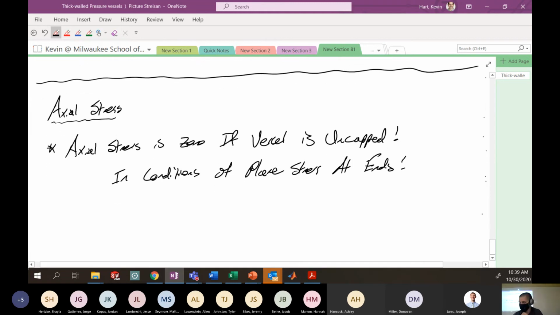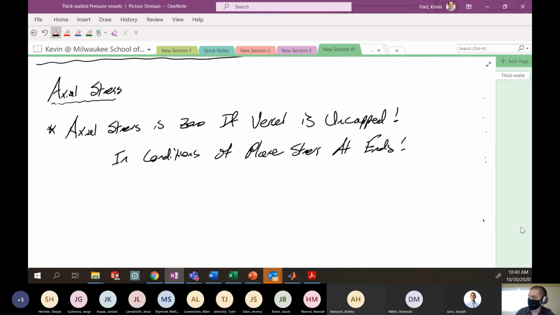And so this axial stress equation that I'm going to write only applies if you have a capped cylinder. So if the vessel is capped, you're in conditions of plane strain. At least some portion of your vessel is in plane strain. It doesn't have the ability to expand out freely to relieve that stress.